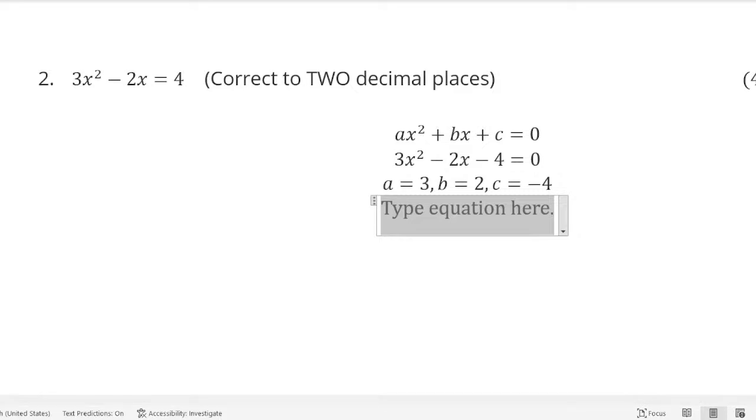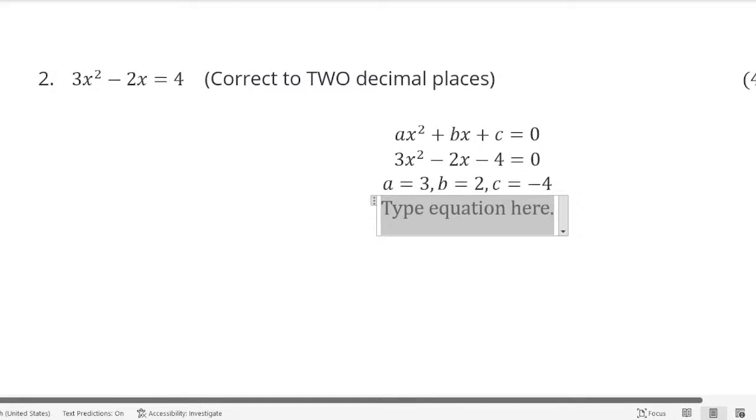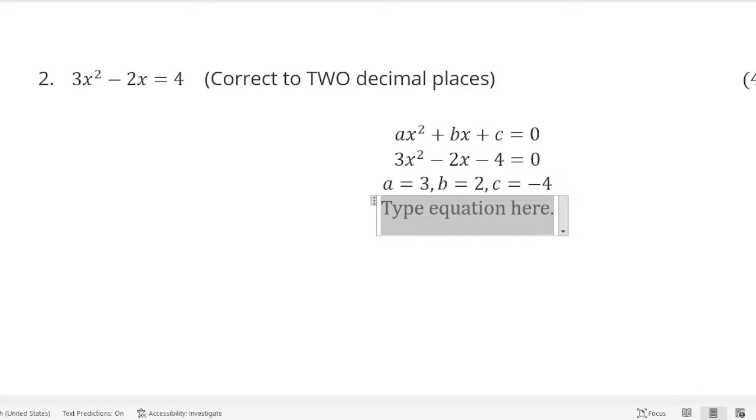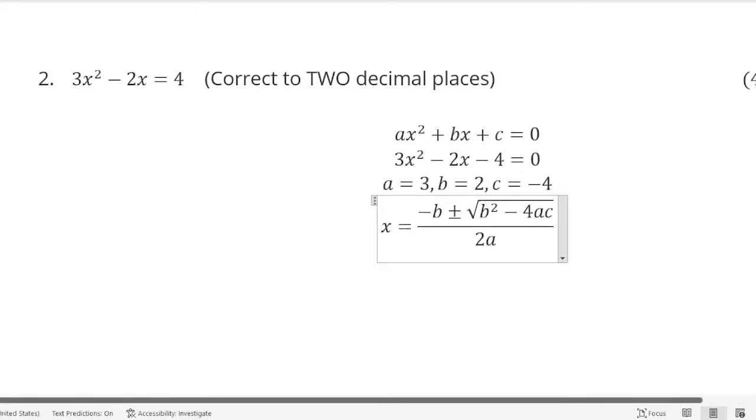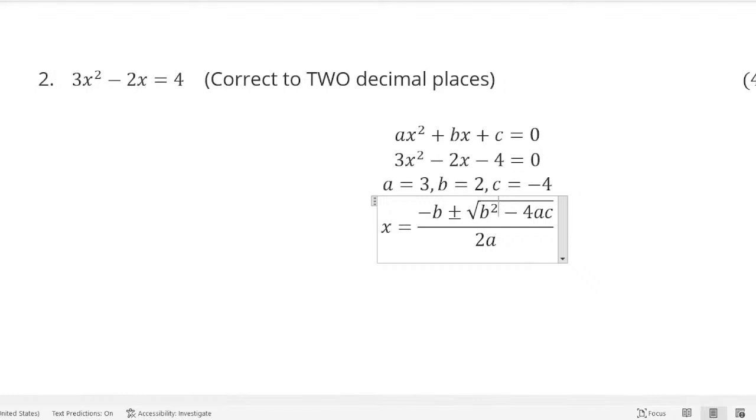So let me write the formula. All right, so here we have x is equal to minus b plus minus square root of b squared minus 4ac all over 2a.